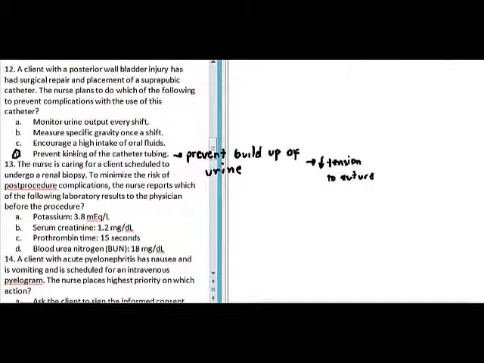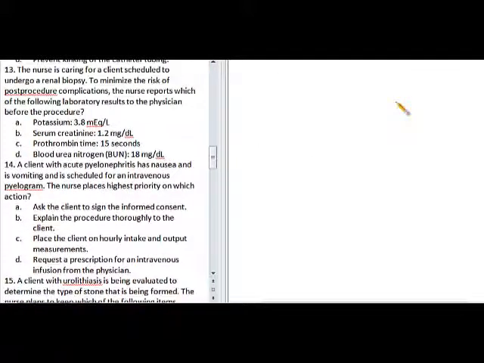number 13. Nurse cares for a client scheduled to undergo a renal biopsy. To minimize the risk of post-procedure complications, the nurse reports which of the following laboratory results to the physician before the procedure? A, potassium? No, because this is normal. B, serum creatinine? Also no, because this is normal.